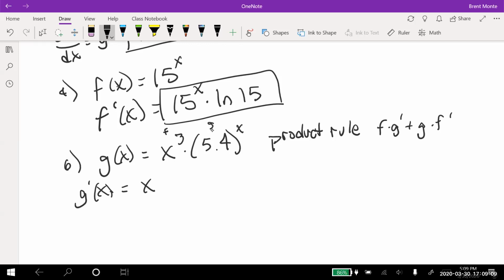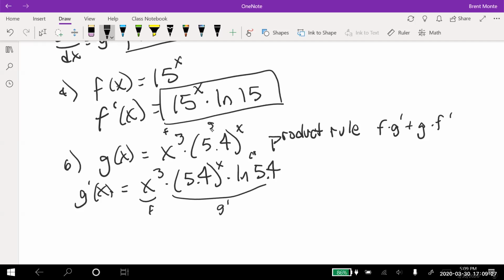So we've got the first, x to the third, times the derivative of the second. Remember, we get back 5.4 raised to the x, but then times the ln of 5.4. So that's the first times the derivative of the second. Let's not misspeak there.